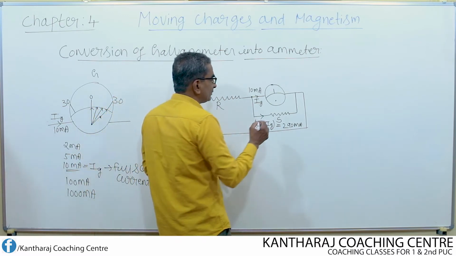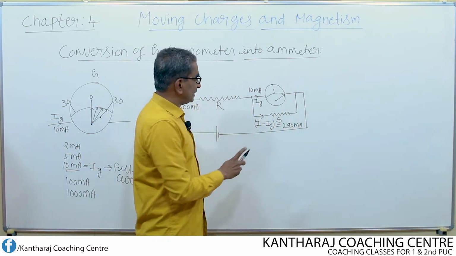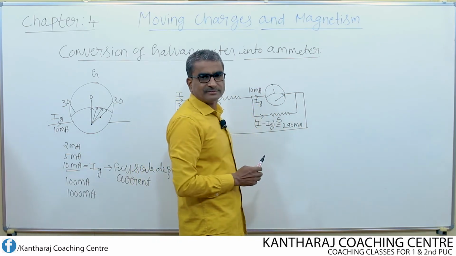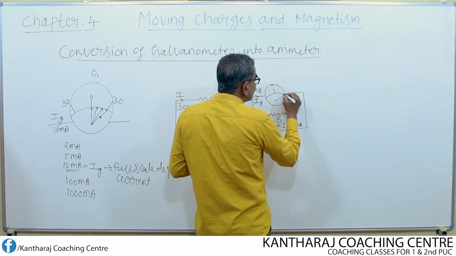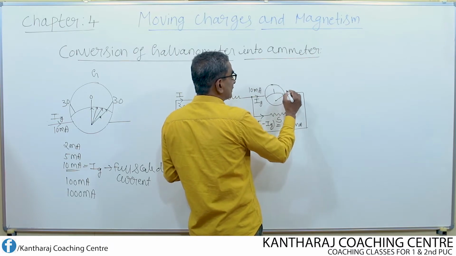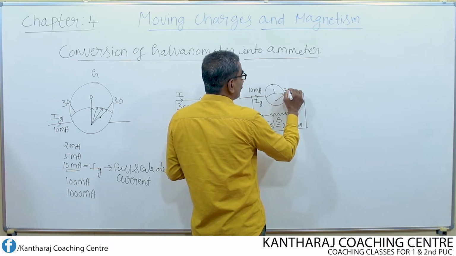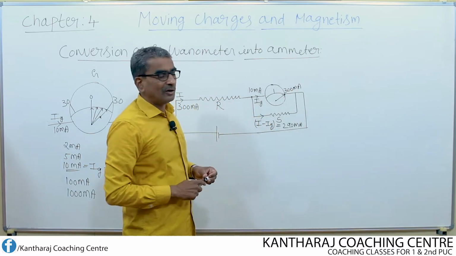For 10 milliamps, the pointer may read full scale deflection. It may go to the extreme end. That means now I mark this point as the maximum range, equal to 300 milliamps. How can we write this?